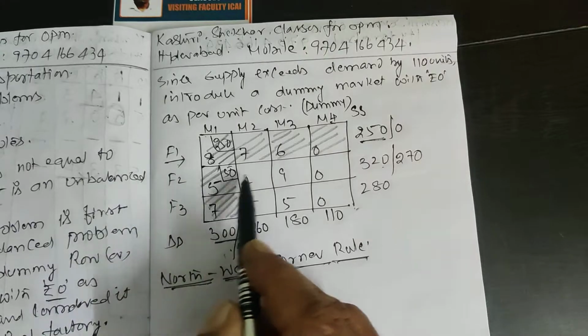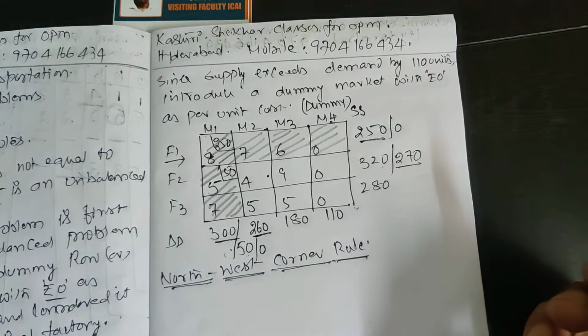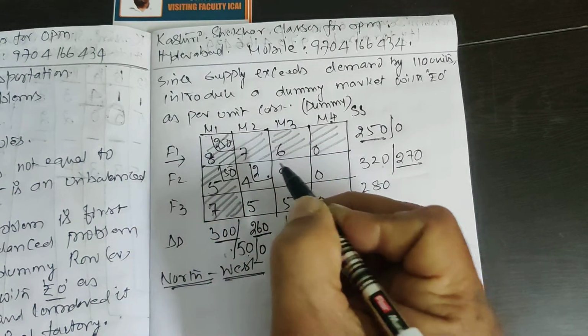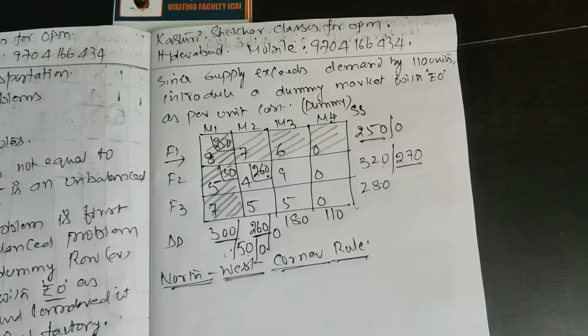Now move to the second market. How many units are required? 260 units are required. How many units are available? 270. So 260 units are supplied to this market so that its requirement is fully satisfied.